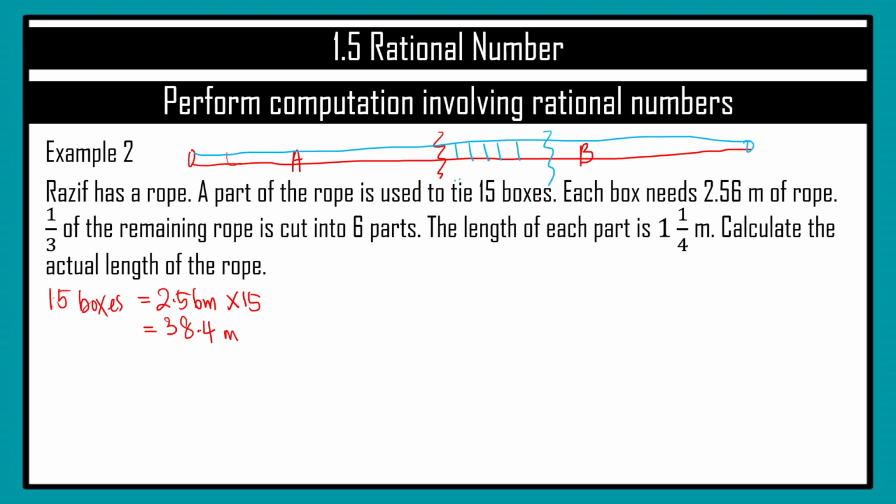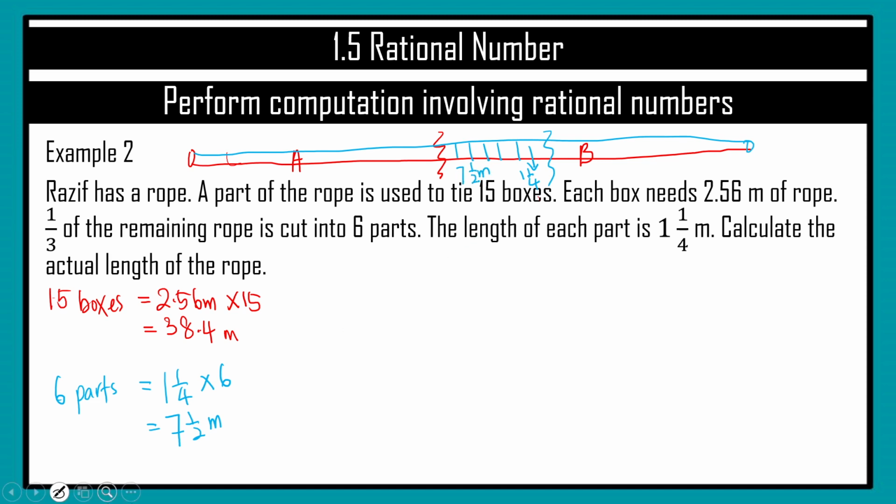And each part is actually 1 1/4. So we want to know how much is those 6 parts. So 1 1/4 multiplied with 6 parts. When I multiply that, I should be able to get 7.5 meter for that 1/3. So it means that this one has the length of 1.5 meter.